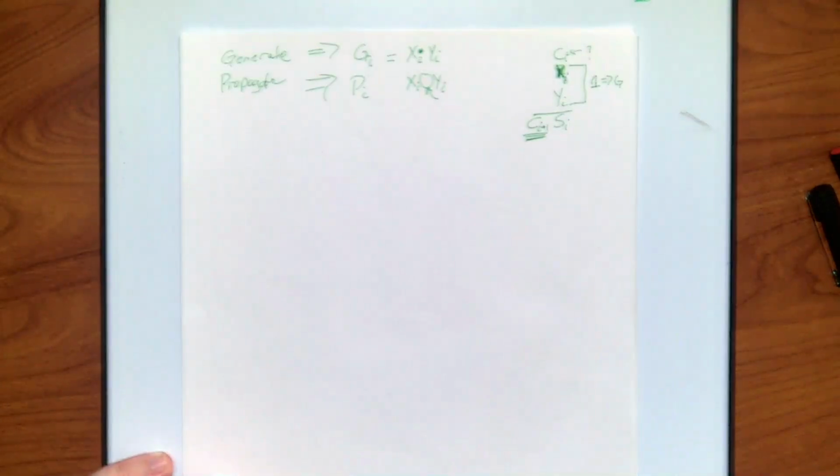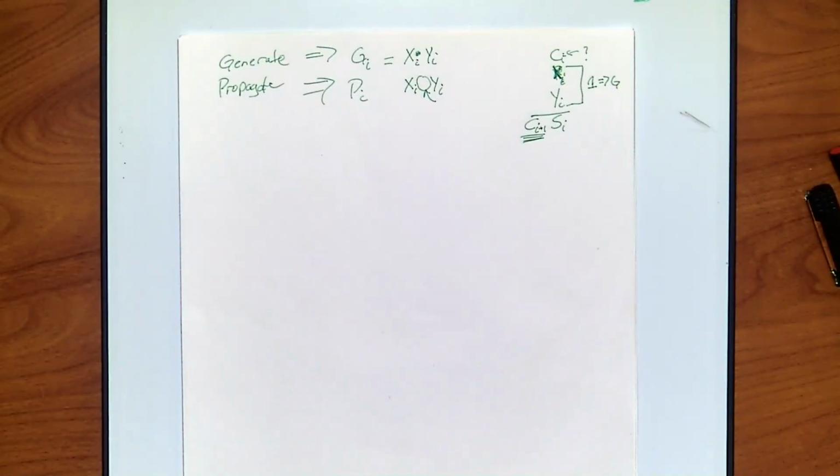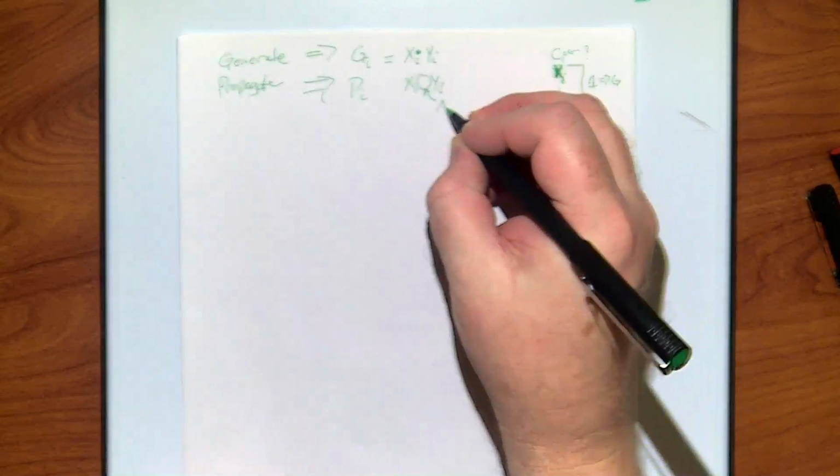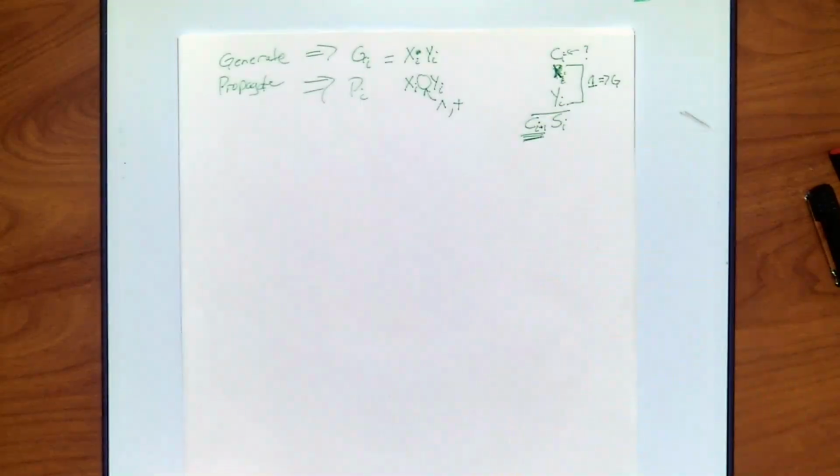What are the two potential ones I could put? XOR is one. What else could I use? OR, right? Why is it not one, since those are different?